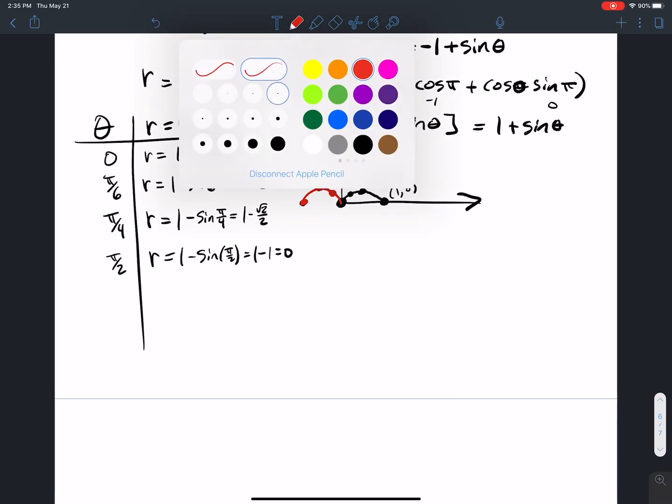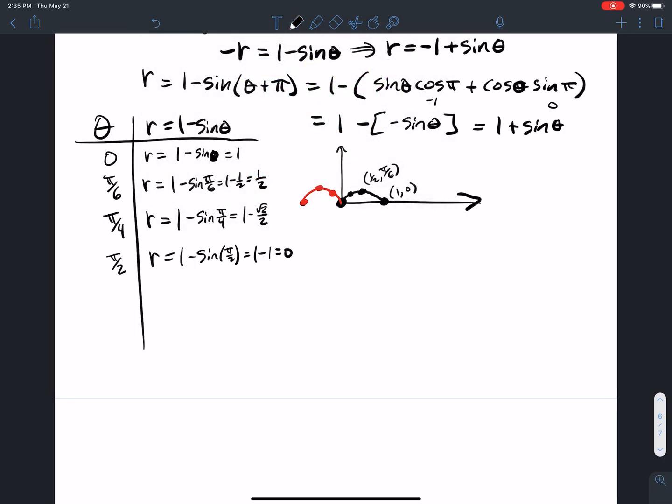So maybe it would be beneficial to start going in the negative theta direction. Let's do negative pi over 6 instead of continuing this way, because I already know what that's going to be through symmetry. That's why we do symmetry first.